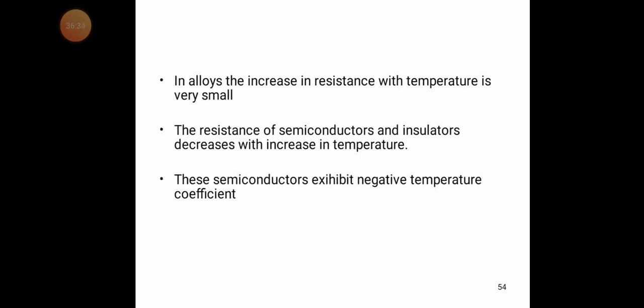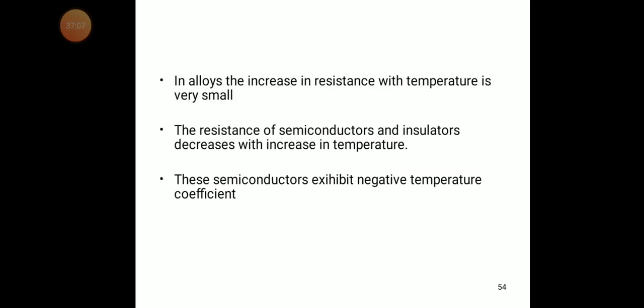In alloys, the increase in resistance with temperature is very small. The resistance of semiconductors and insulators decreases with an increase in temperature. For conductors, when temperature increases, they behave one way.